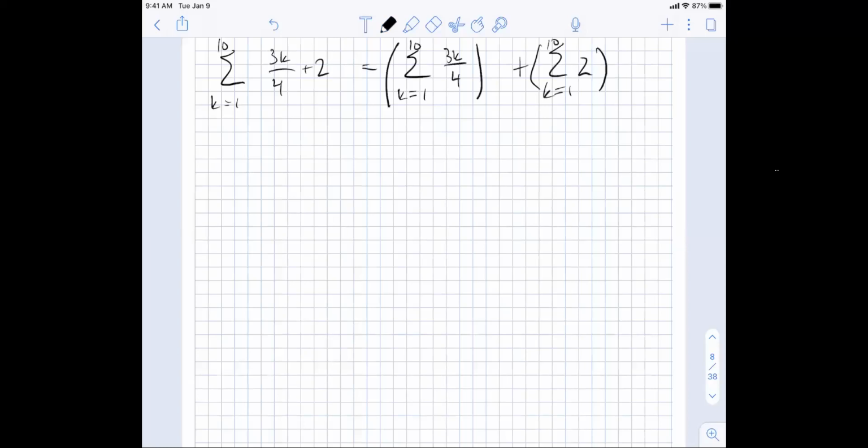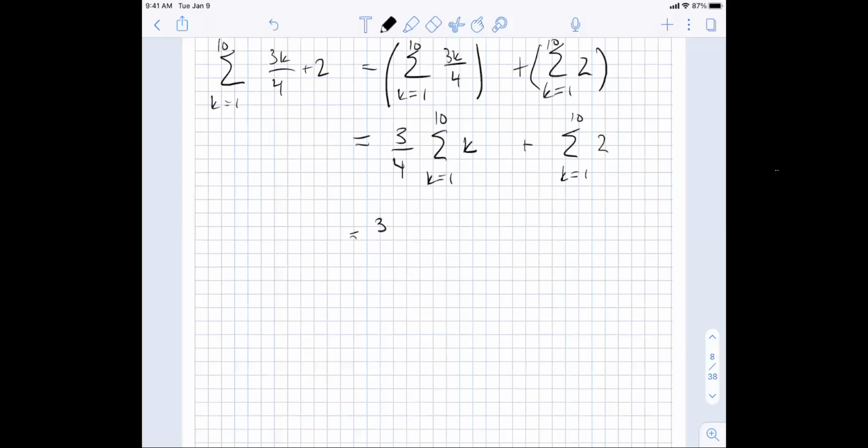That was that second property that I mentioned at the start of class. And then this is equal to 3/4 times the sum, k equals 1 to 10 of k. The 3/4 doesn't have a k, so I can pull that out in front. Everything with a k needs to stay inside the sum though. And then plus the sum, k equals 1 to 10 of 2.